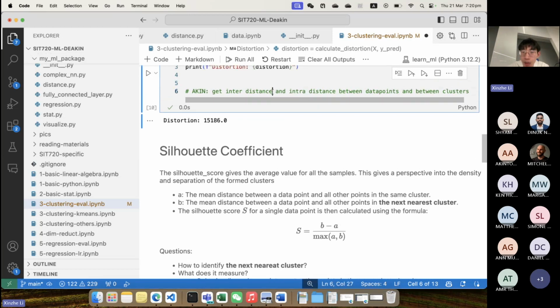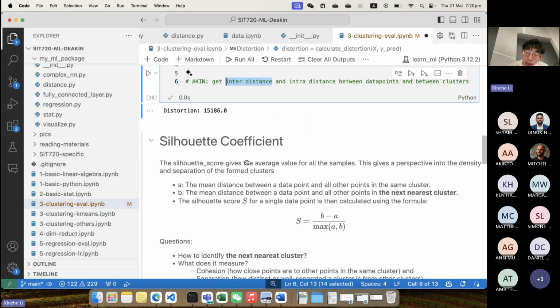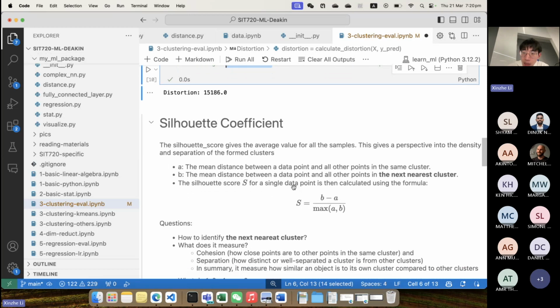intra-cluster distance. Akin said we want to care about inter-cluster distance. That's what B does. It calculates a data point with all the other data points in the nearest clusters. Why nearest clusters? Because we want to know whether it is more reasonable if you put this data point to another cluster, right?